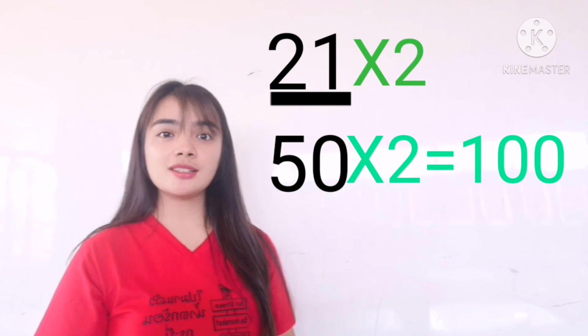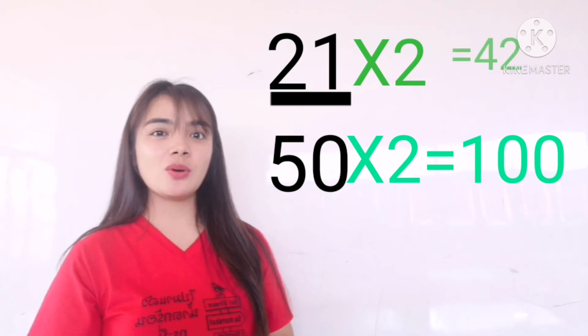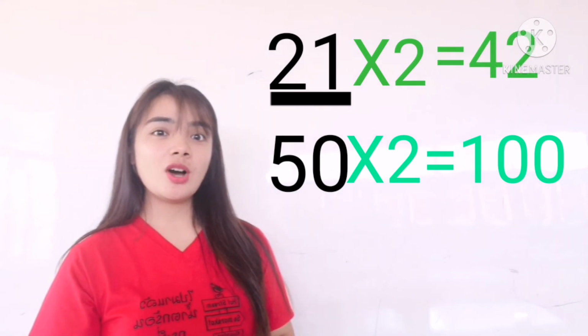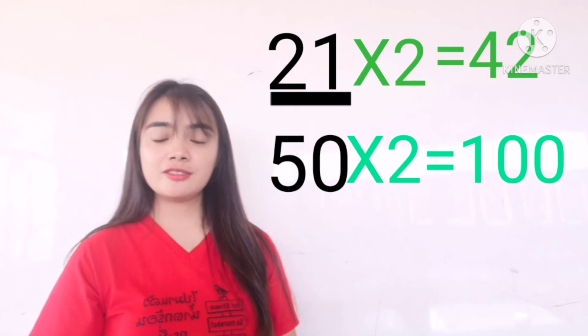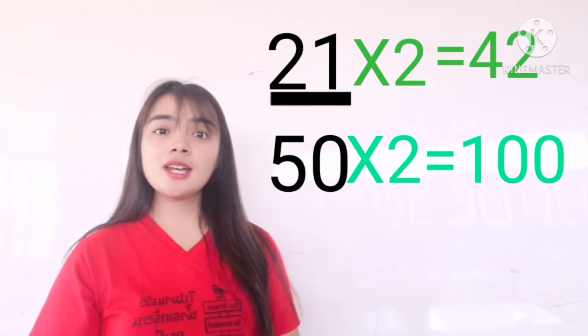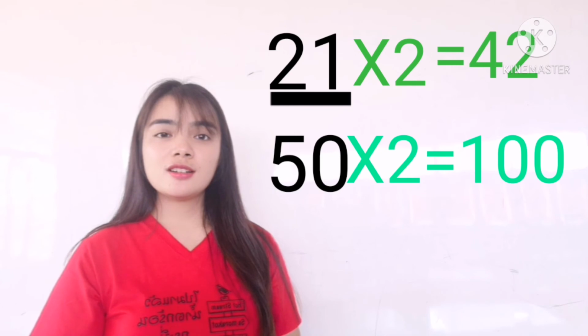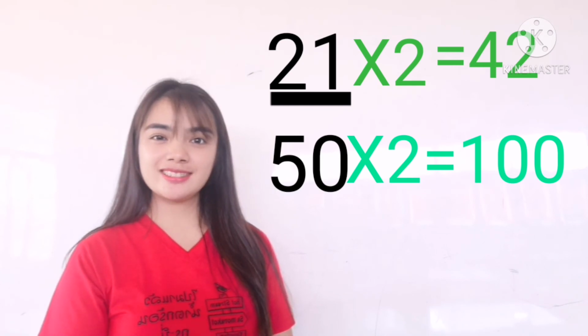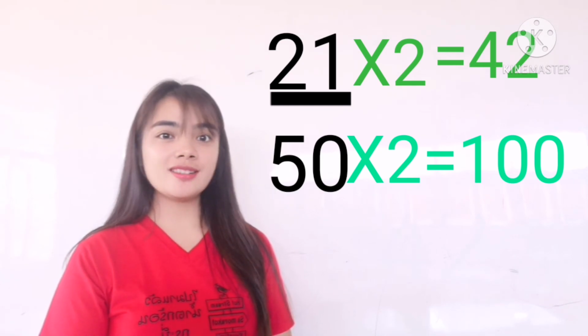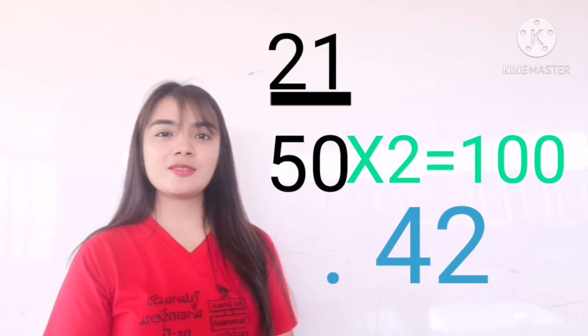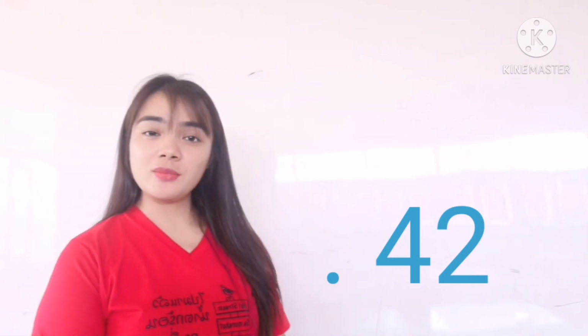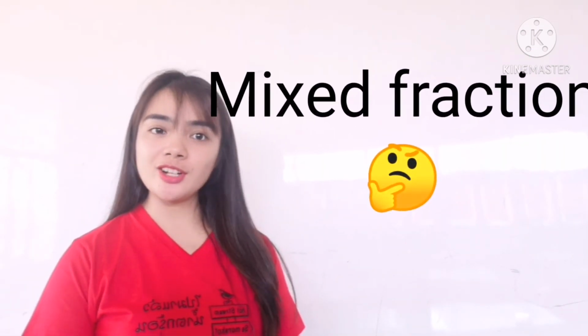So 21 times 2, that is equal to 42. Very good. Then we can just convert it. So what is your answer? It is 0.42. Very good.